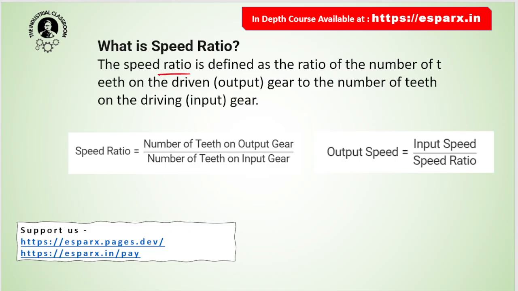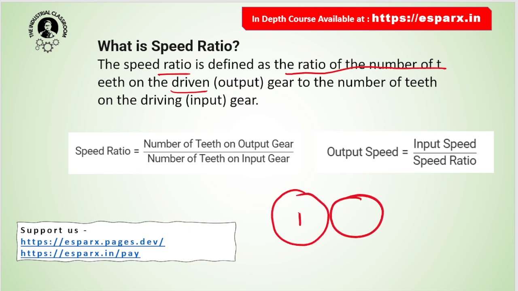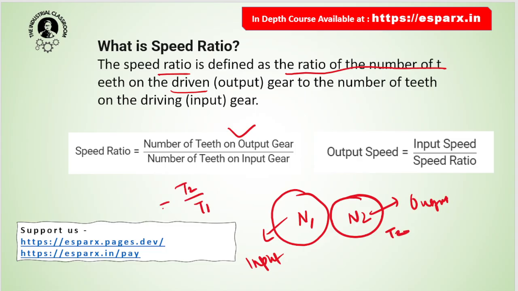The speed ratio is defined as the ratio of the number of teeth on the driven output gear to that on the input gear. Let us consider this is my input gear and this is my output. So the speed ratio is the number of teeth on the output gear, T2, divided by T1, and the speed ratio is equal to N1 by N2.